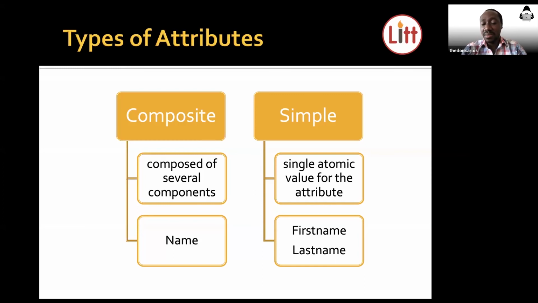But when you have it separate, first name separate, last name separate, you could always put it together by using concatenation when you're generating reports. So it's always easier to have it in single atomic values and put it together when you're generating reports rather than having it together as composite. Then when you want to generate it individually, it becomes a problem.